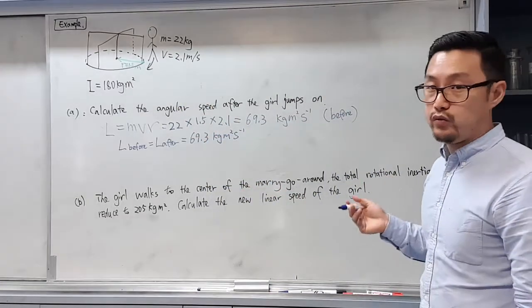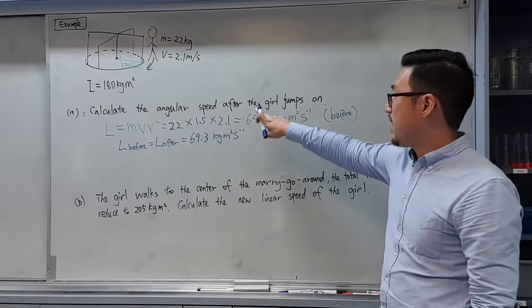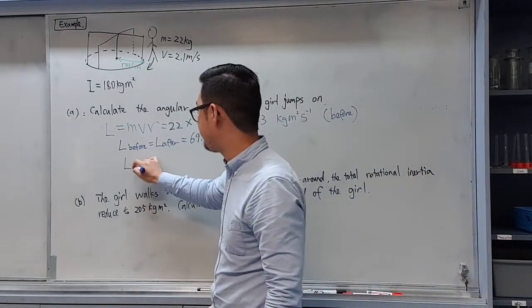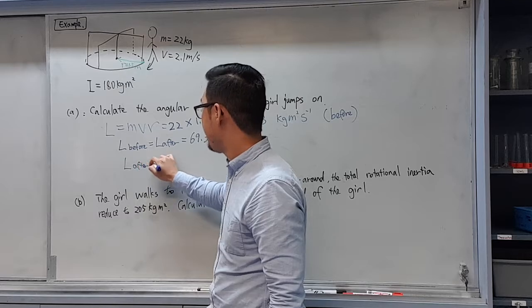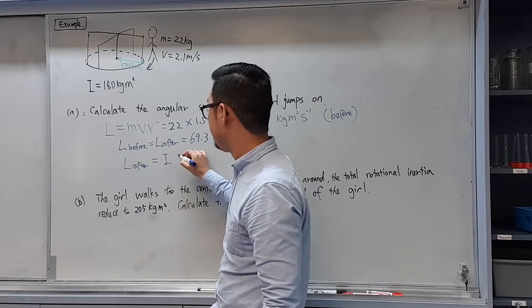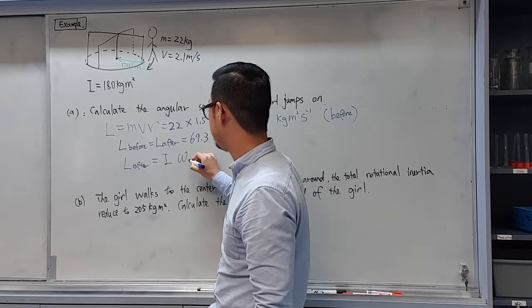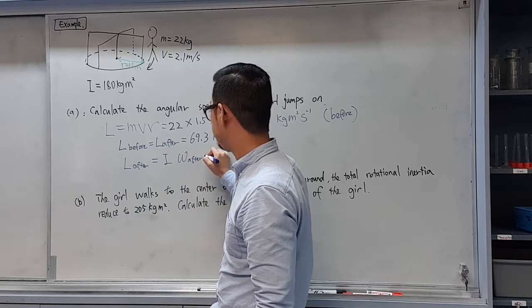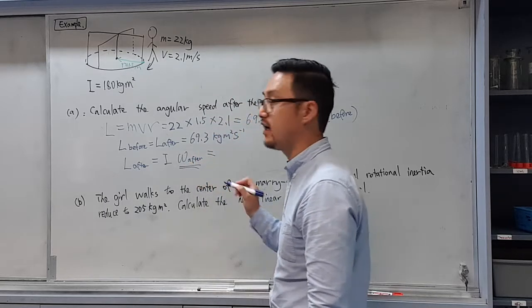Afterwards, L after equals I times omega after, and this omega after is what the question is asking for.